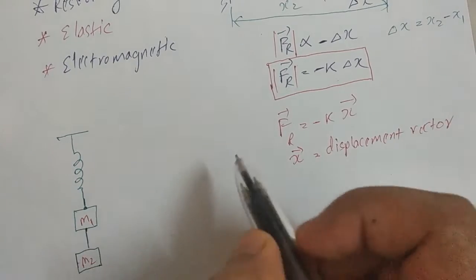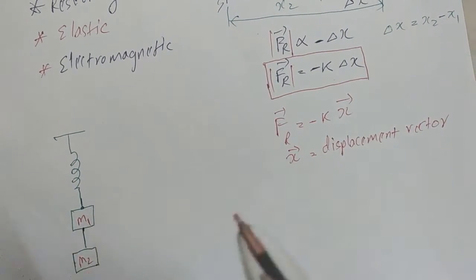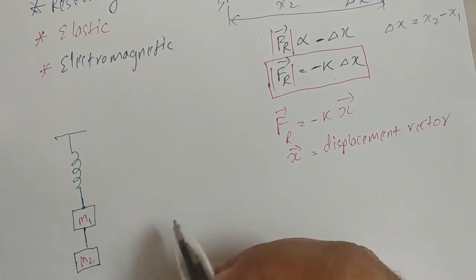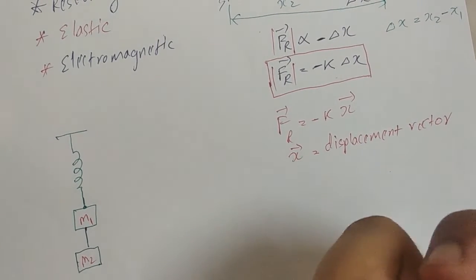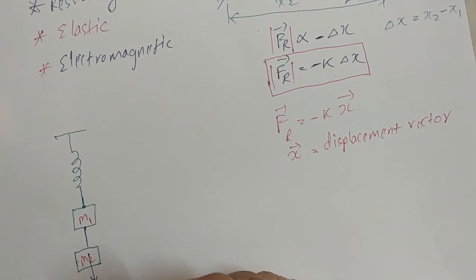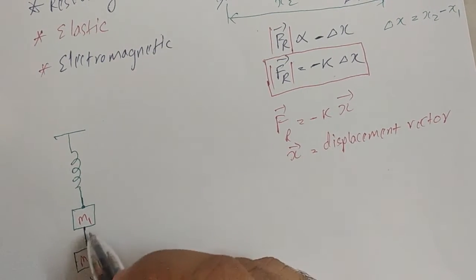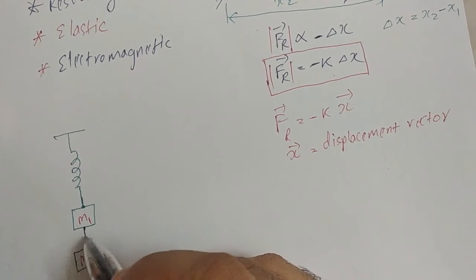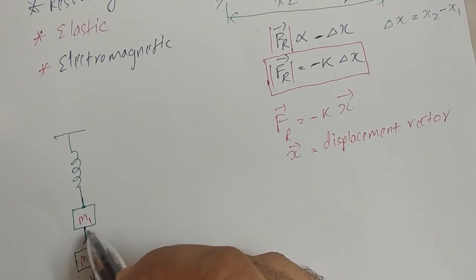In this case, first of all you need to analyze the lower block and try to isolate the block. We know that the weight of this block would be acting in this direction, such that it is m2g, and a tension force would be developed on this spring such that it is always pulling in nature.